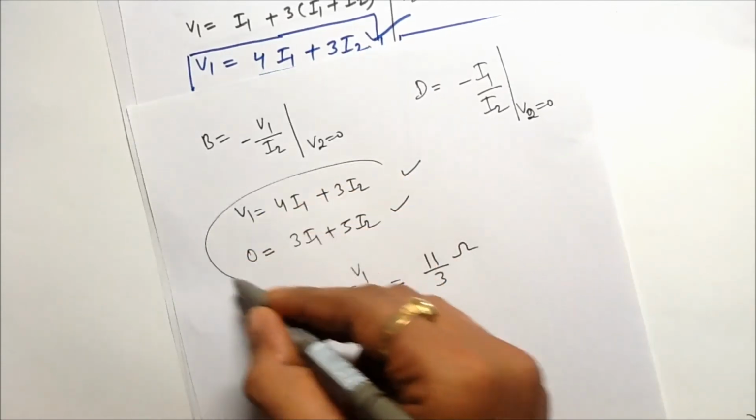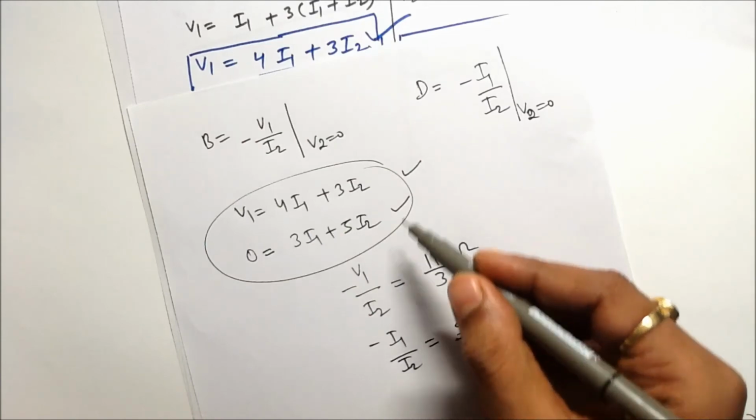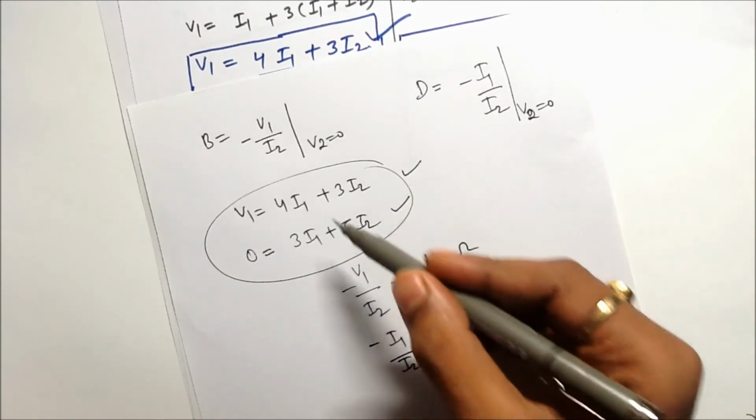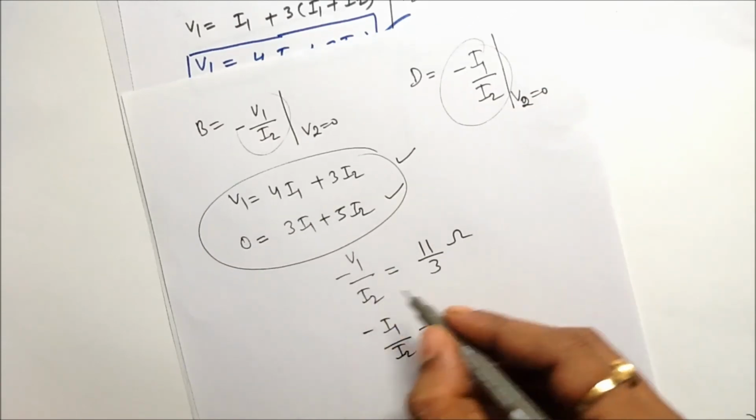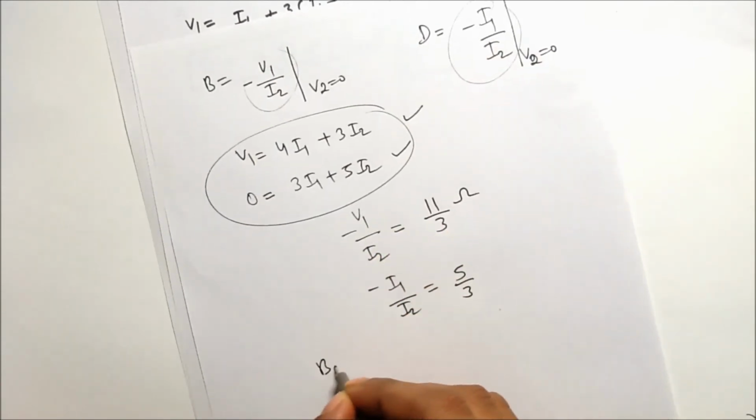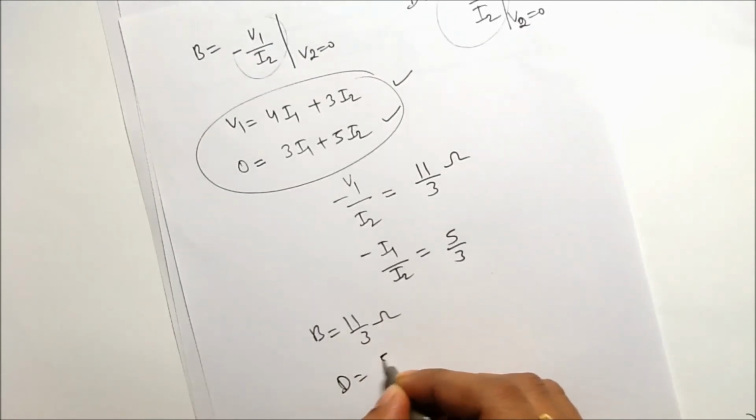You can easily solve these equations and find out the value of these two, and you can write B equals 11 upon 3 ohm and D equals 5 upon 3.